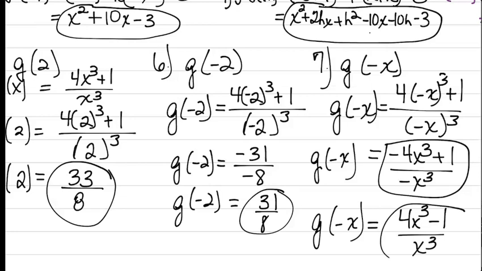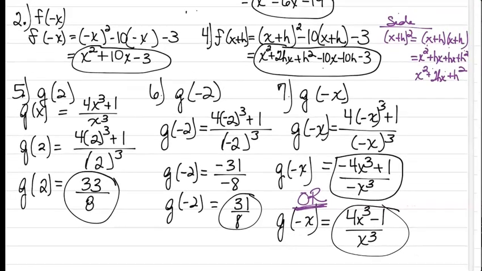Again, we don't like negatives in the denominator. So either one of those will work because typically in these courses, we don't have tons of mathematicians and engineering majors taking it where I need to force them to move that negative from the denominator. And that is our function notation and evaluating functions.